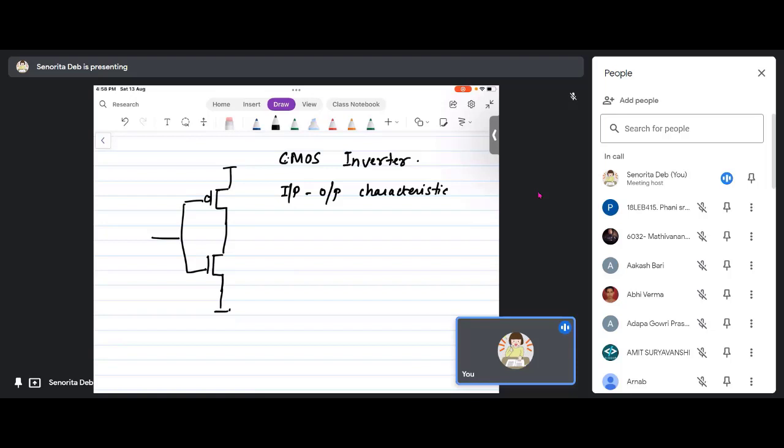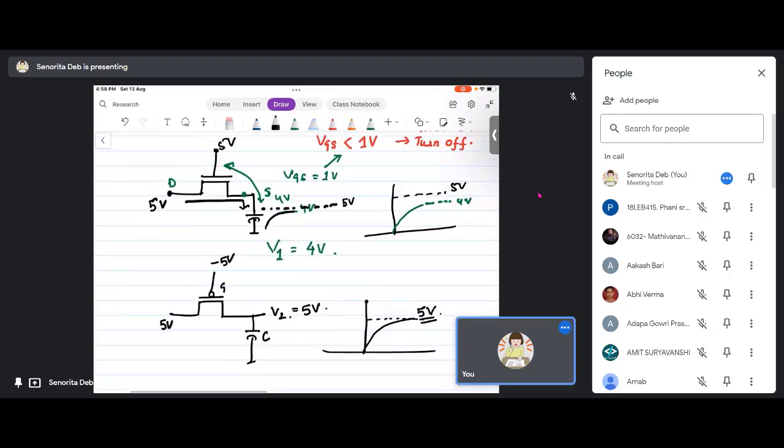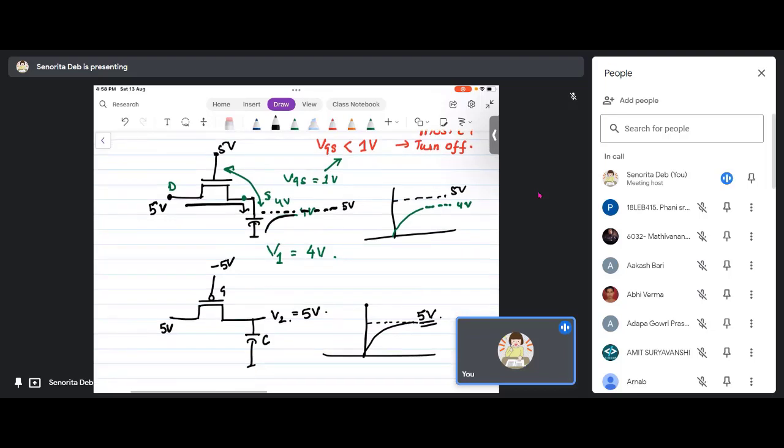And we will make some variation in the CMOS inverter in the next class and see what happens. This is a very important topic, and in future GATE questions might come from these kinds of topics, as I have seen this question came. Okay, this is a similar kind of problem.